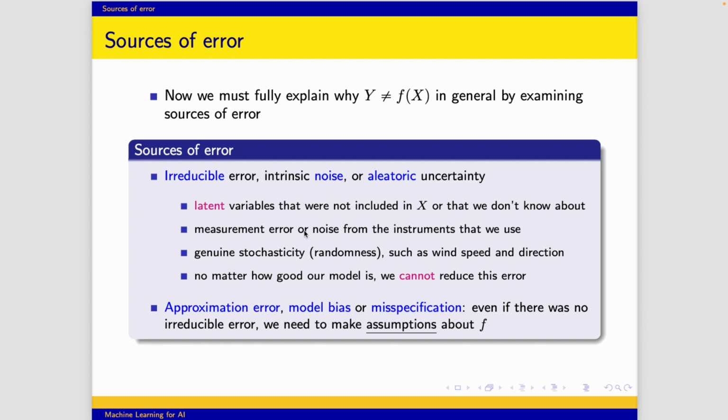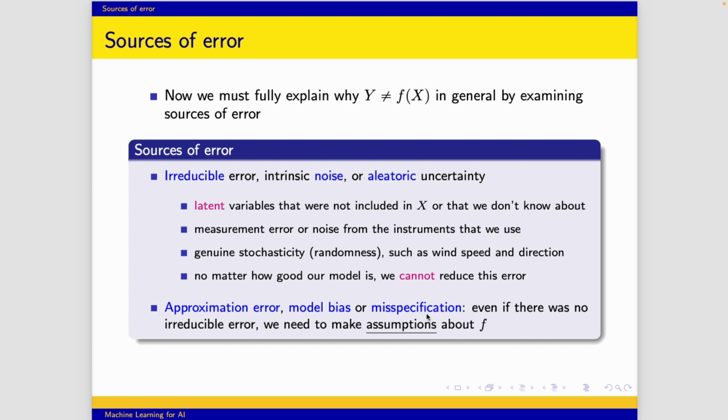So even if this error doesn't exist, we have to make some assumptions about our predictor f. Those assumptions will involve which sorts of functions we look for, because we cannot possibly look at every possible kind of function.